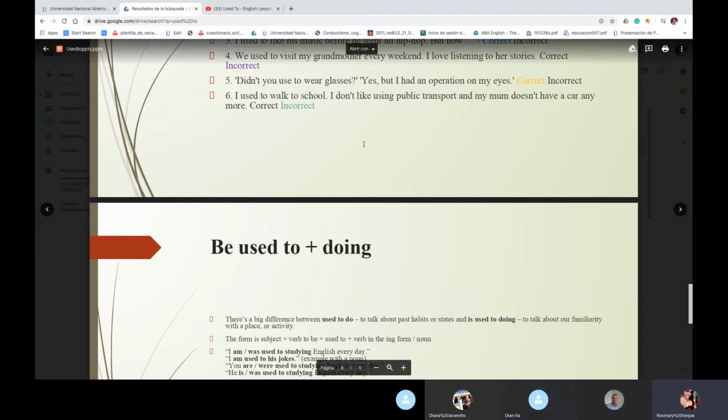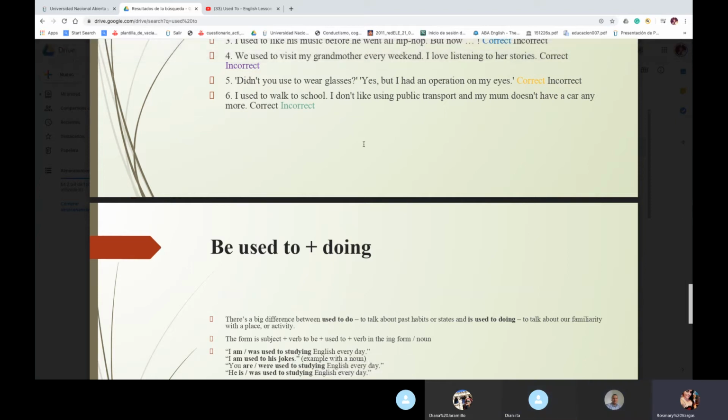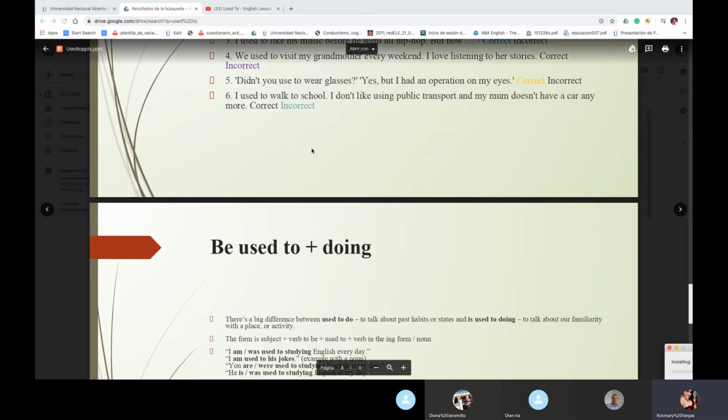Didn't you use to wear glasses? Yes, but I had an operation on my eyes. So that is a negative question form.